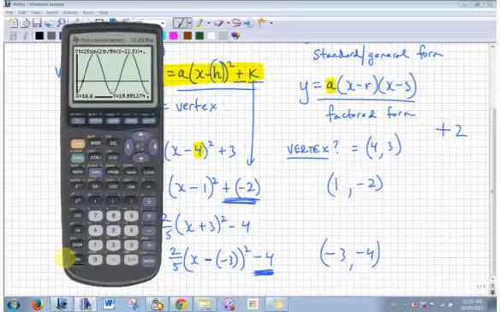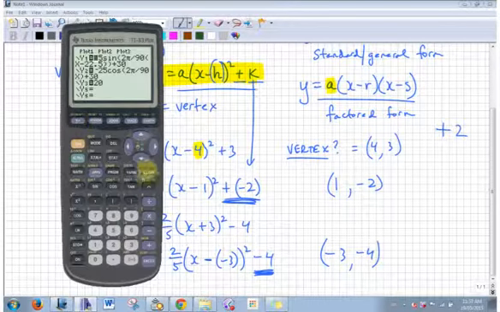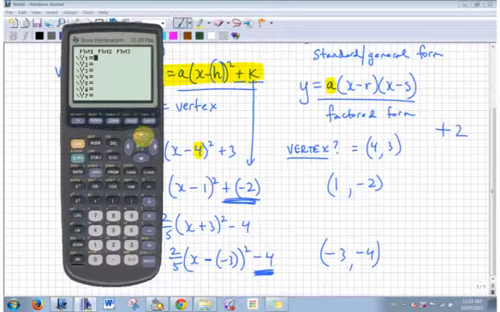Guys want to see what they're doing in grade 12? It's a sine wave. Okay, 2/5.